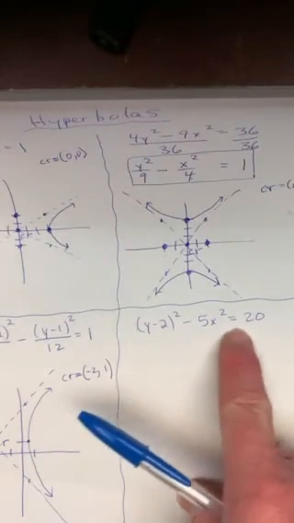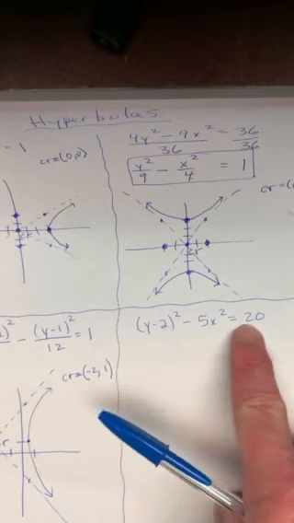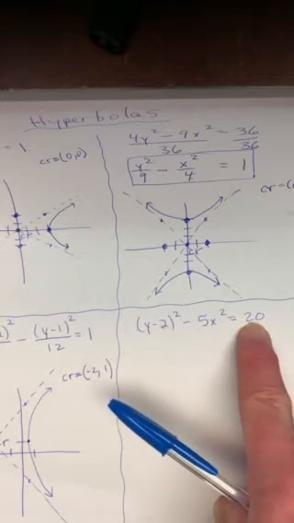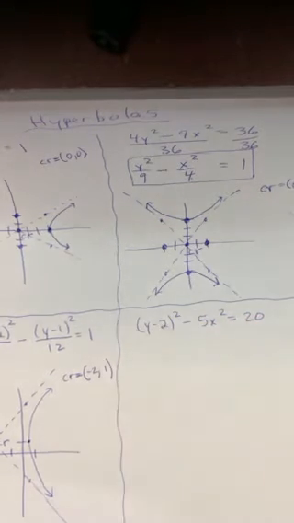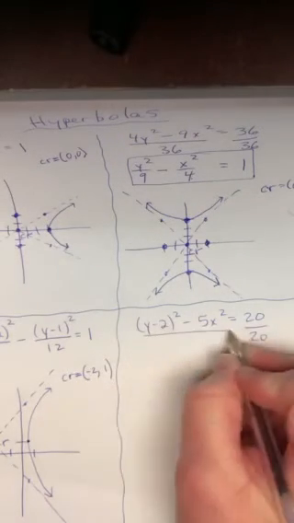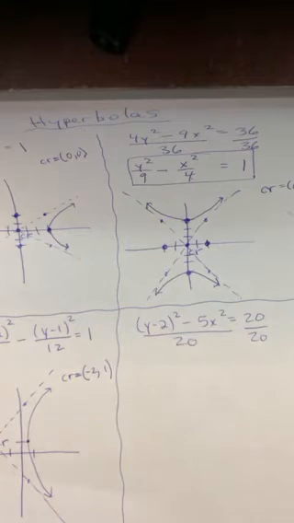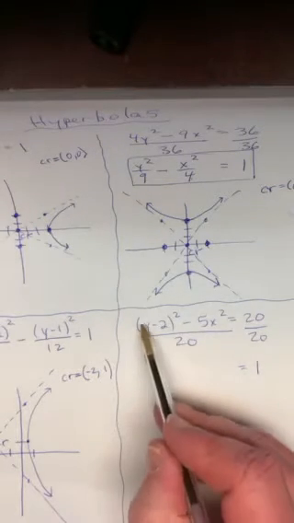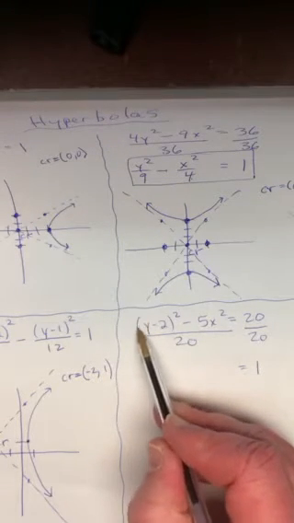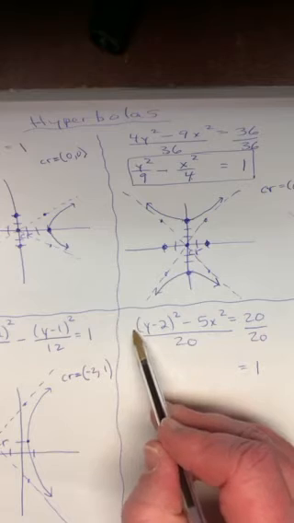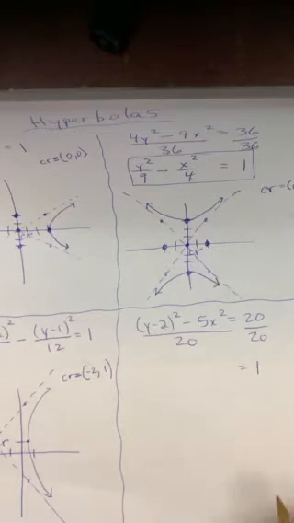And then our last, kind of normal one. If you look at this guy here, I noticed the 20. That has to be a 1. You cannot graph this unless it's equal to 1. So I'm going to divide both sides by 20. That creates the 1 on the right side that we were looking for. Do you agree over here on the left, this parenthesis is understood to have a 1 in front of it, so it won't cancel with the 20.